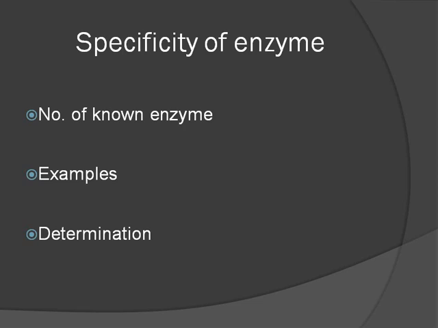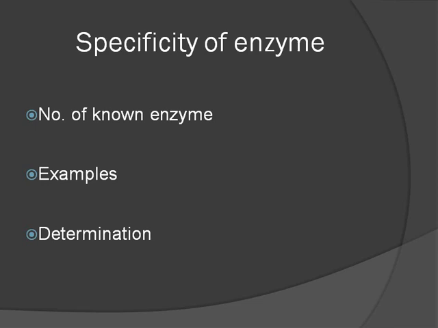Now come to specificity of enzymes. We have the number of known enzymes: 2000 known enzymes are present, each of which is involved in one specific chemical reaction. Enzymes are also substrate specific.